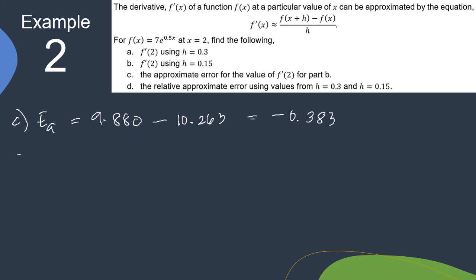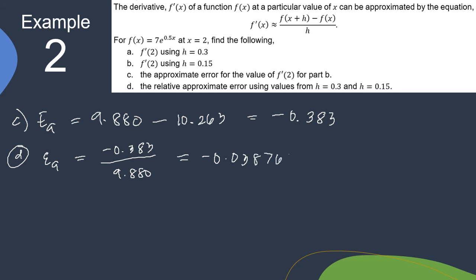Next, we're going to solve for the relative approximate error using the values from h is equal to 0.3 and h is equal to 0.15. Solving for relative approximate error, that's equal to the approximate error, that is negative 0.383, divided by the present approximation, 9.880. This is now equal to negative 0.038765.